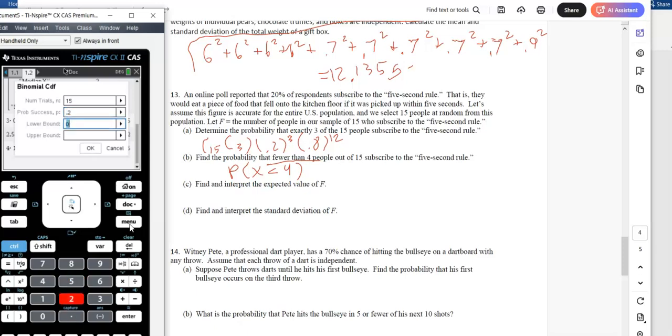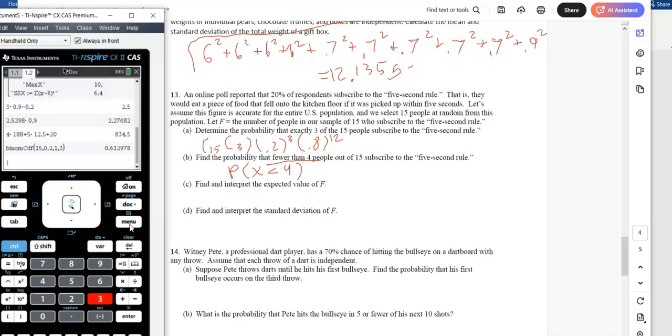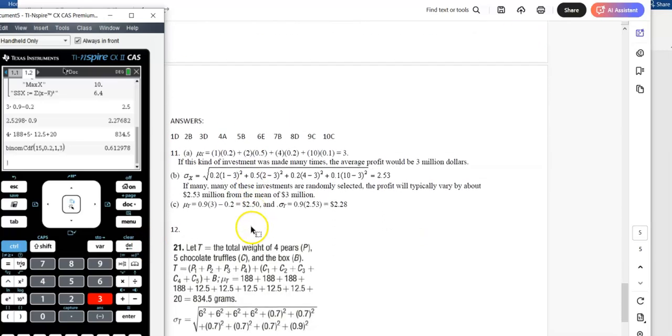Lower bound is, we want fewer than 4, so that means 0 or 1, I guess, is probably the lowest. Upper bound would be 4, no, 3 actually, right? So I got 0.6129.